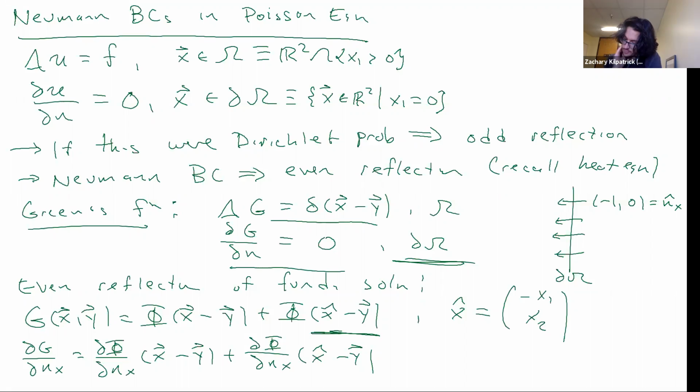And then to compute our normal derivative, we just take our gradient and then we dot it with our normal vector, okay? So d phi dnx is equal to minus 1, 0, dotted with the gradient of phi x minus y, okay?